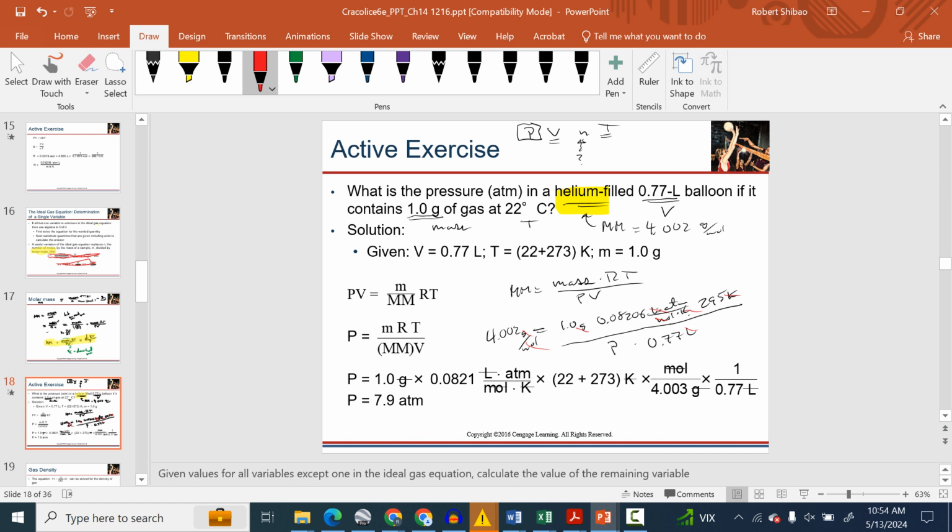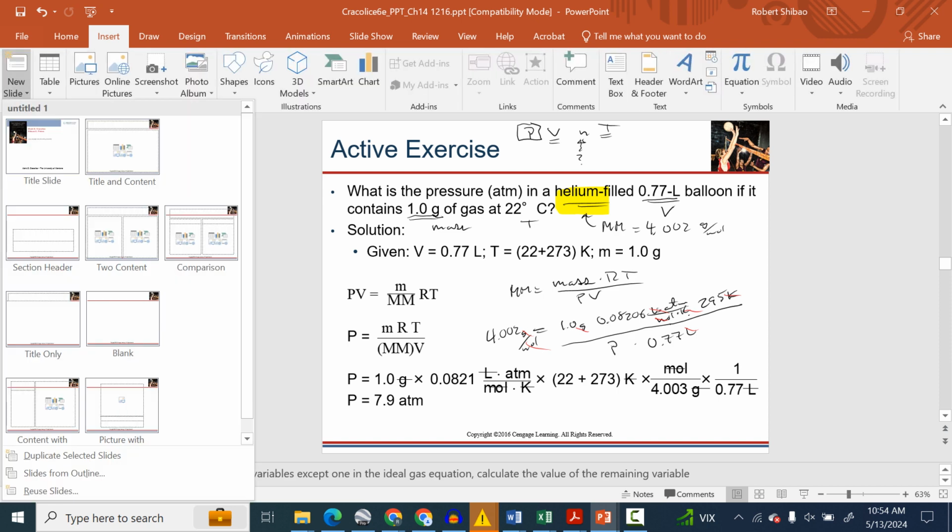I don't want to memorize a whole bunch of variations of equations. The other approach you could do is what's called the dimensional analysis approach.